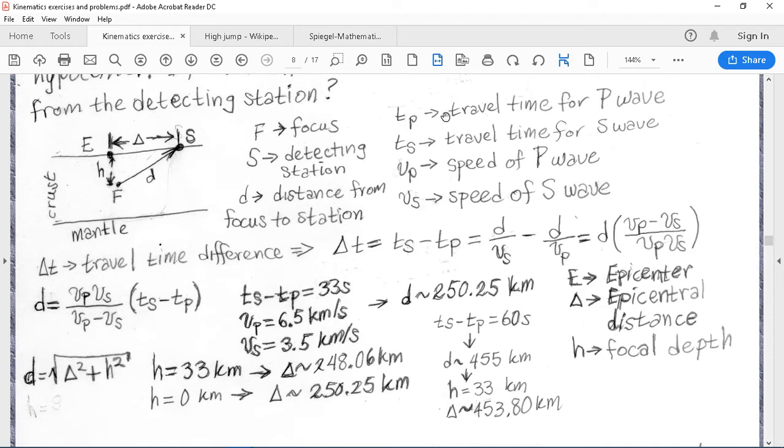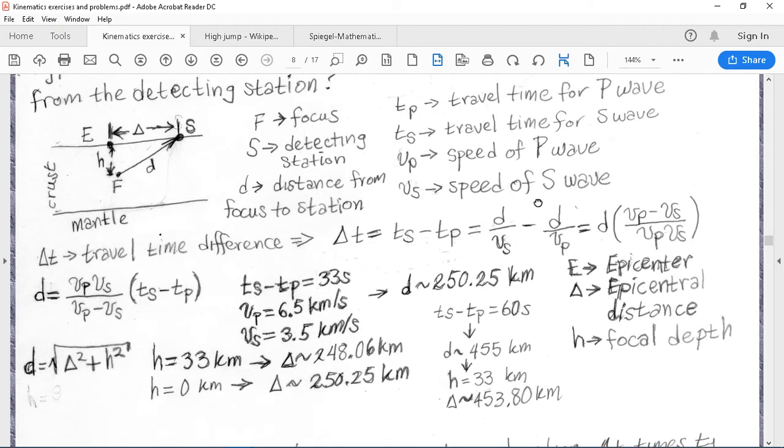Tp is the travel time for the P wave, Ts is the travel time for the S wave, Vp is the speed of the P wave, Vs is the speed of the S wave. So the travel time difference, delta t, is equal to Ts, the travel time for the S wave, minus Tp, the travel time for the P wave.